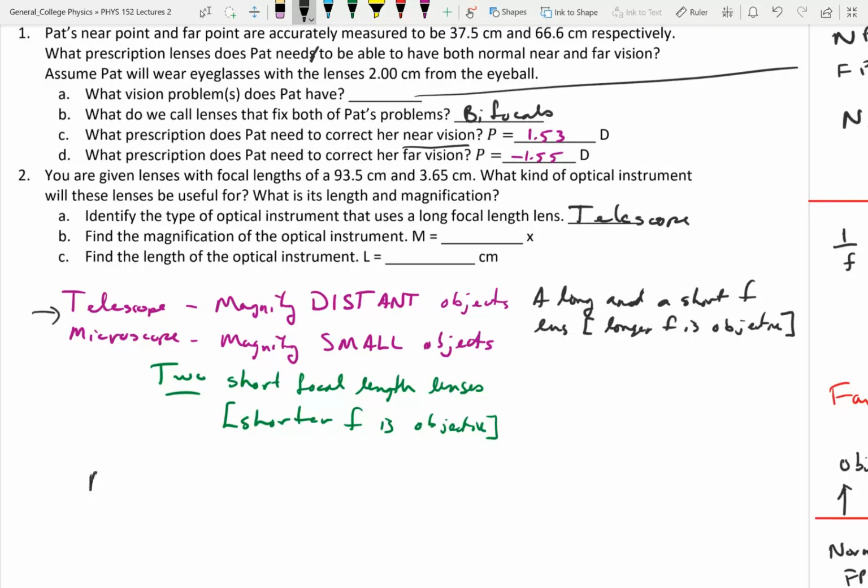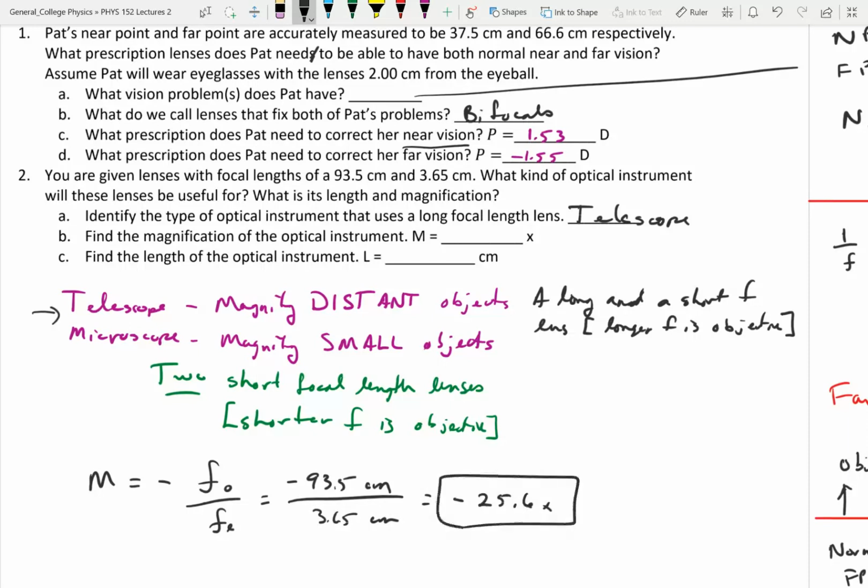So what's the magnification for a telescope? The magnification is minus focal length of the objective over focal length of the eyepiece. So it's just a direct substitution. That's going to be minus the long one, 93.5 centimeters, over the short one, 3.65 centimeters. And that gives us a magnification of minus 25.6 times. The minus sign means it's going to be inverted.